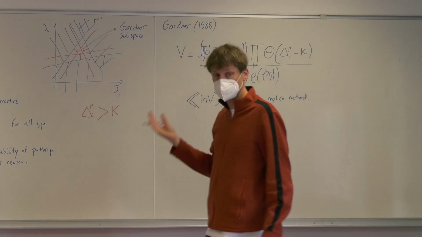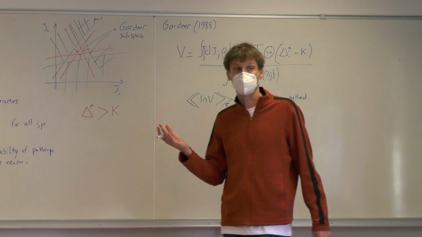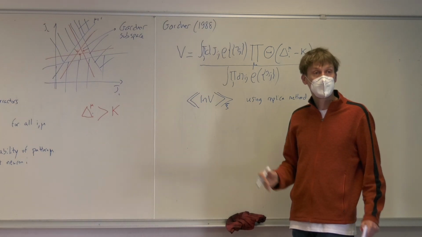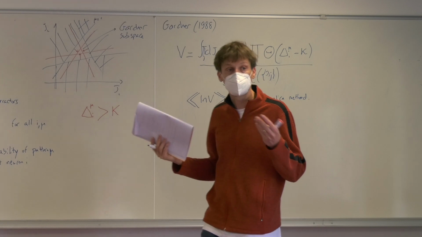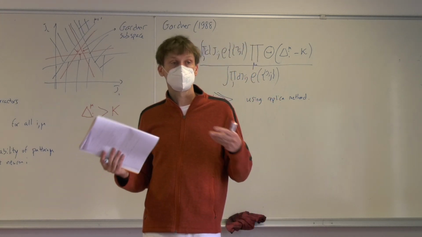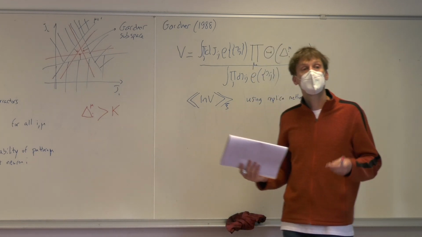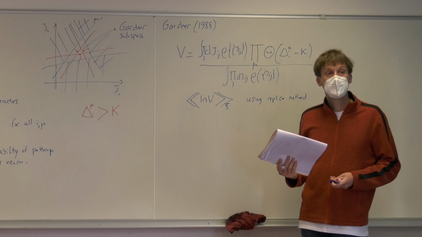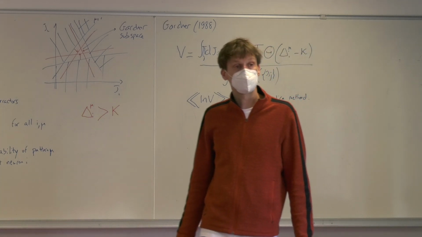If you compute the average of V, that won't really give you the right answer. You have to compute the average of the logarithm of the volume, which is the quantity that is self-averaging. So in the large n limit, that will give you the typical value of the volume.